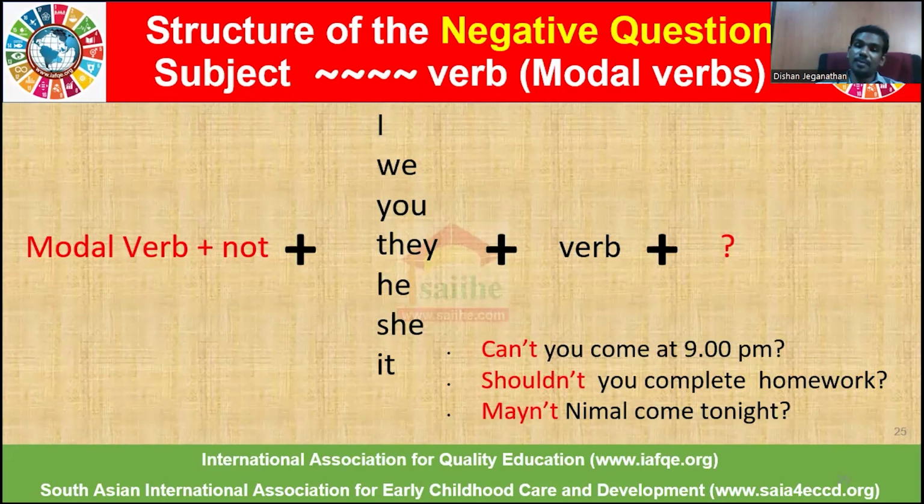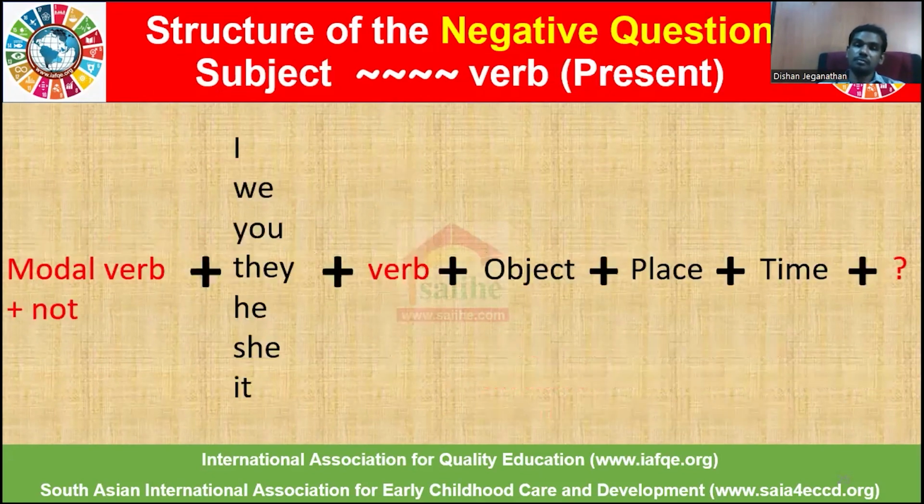Can't you come at 9 p.m.? Shouldn't you complete your homework? Mayn't Nimal come tonight? The structure, I repeat: modal verb plus not plus subject, followed by main verb with object, place, and time.